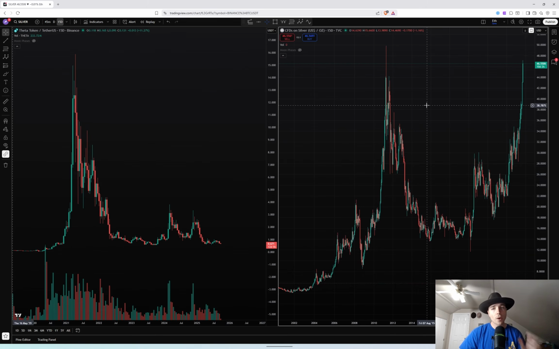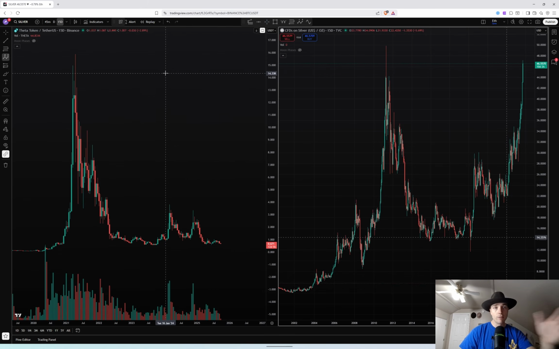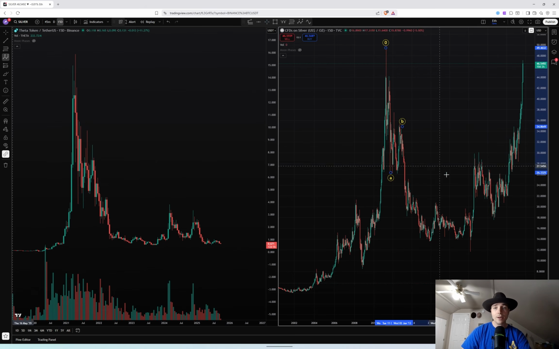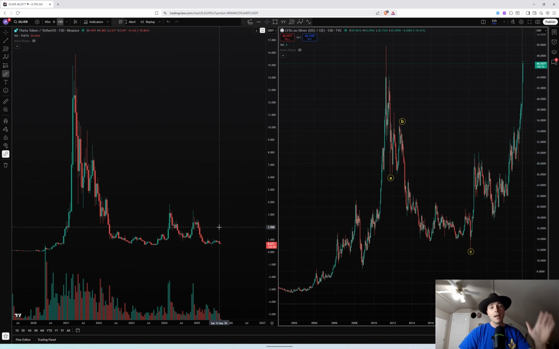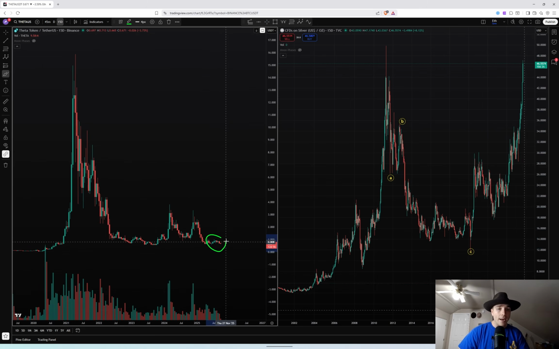And it's not just crypto that does these ABC corrections. Even silver over here on the right did the exact same pattern that Theta is doing currently. When silver was down here at $12 per ounce, I was posting bullish charts on my TradingView account, letting people know I was bullish on silver for the exact same reason that I'm bullish on Theta right now.